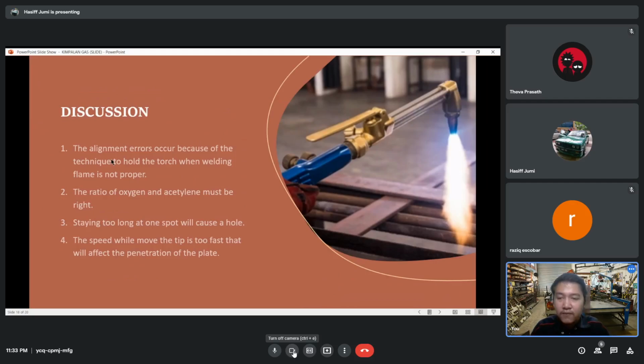The ratio of oxygen and acetylene must be right. And the next one, staying too long at one spot will cause a hole. And the last one, the speed while moving the tip is too fast, which will affect the penetration of the plate. Okay, next.